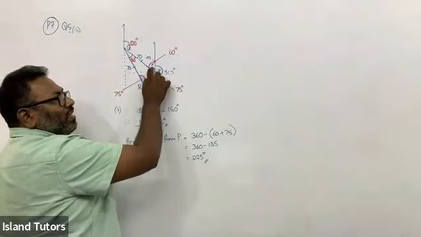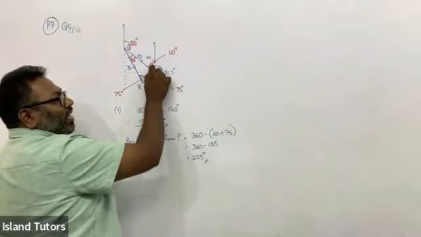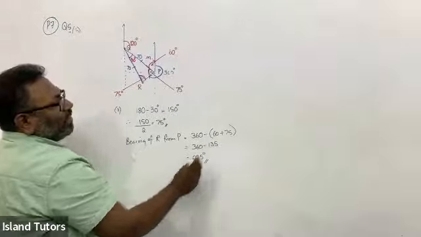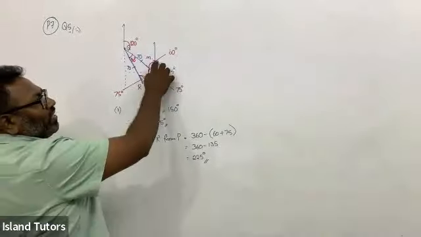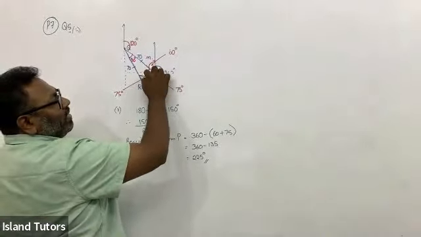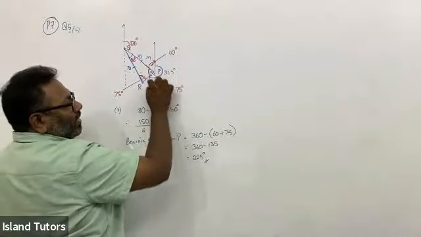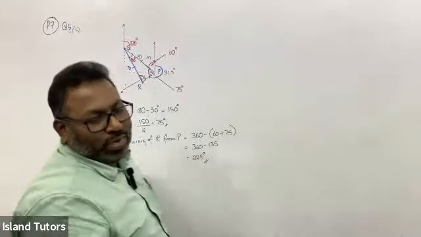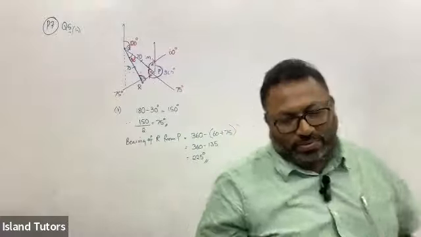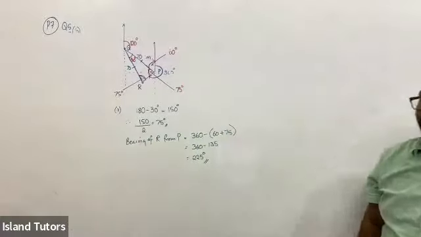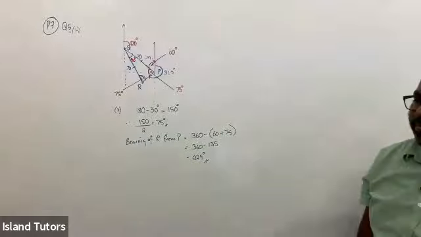So to find this angle, we know 60 and 75 add up to 135. So the difference between 360 and this 135 is this angle, which is 225 degrees. Okay? That is question number 5, part B.